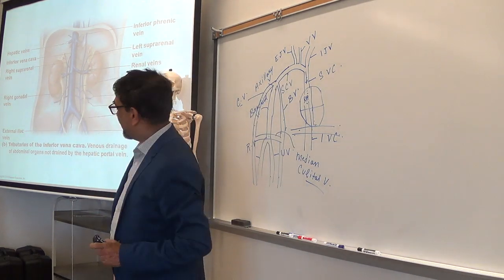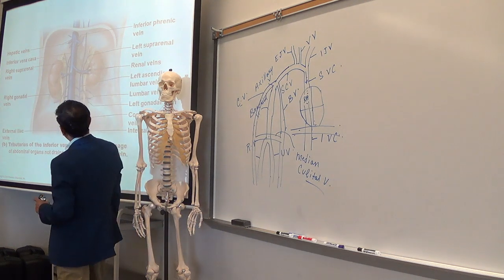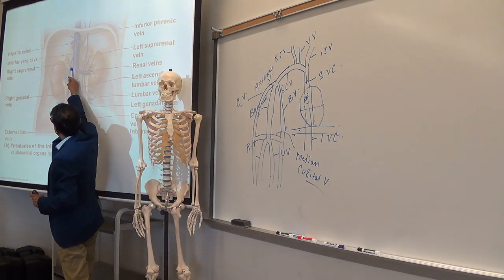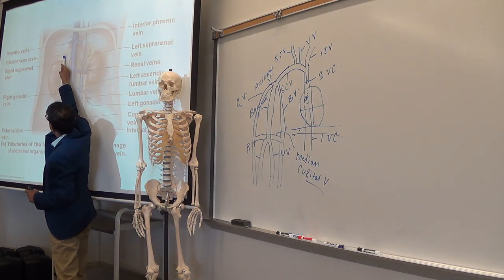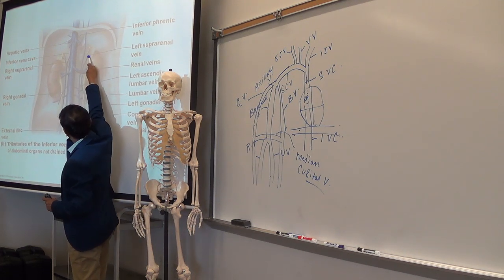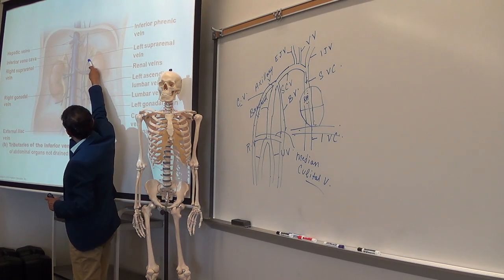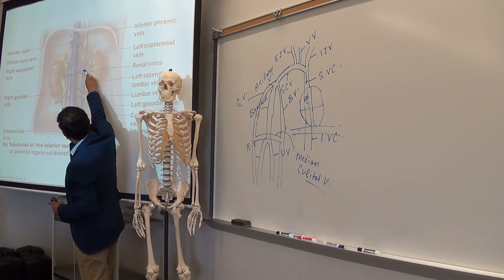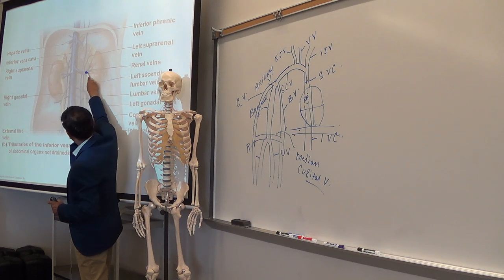Now, look at this one carefully. The right suprarenal vein brings the blood directly into the vena cava. But left suprarenal vein gives blood not directly to the vena cava but to the right renal vein here.